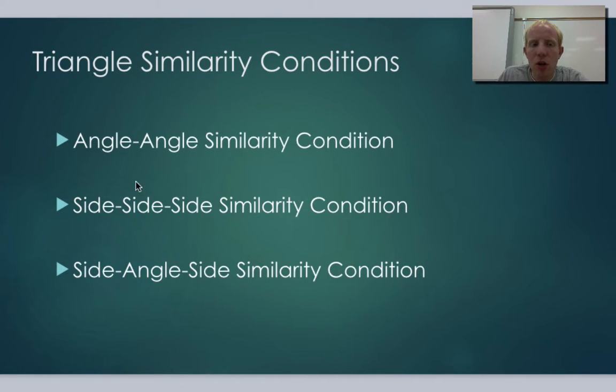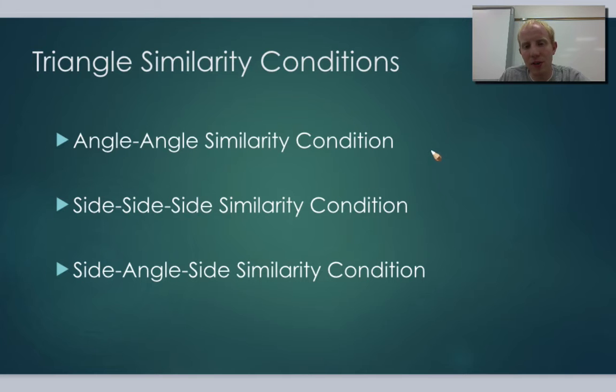We call these the triangle similarity conditions, but they're basically shortcuts, cheat codes, you could say. The first one is called angle-angle similarity condition, the second is side-side-side similarity condition, and the third is side-angle-side similarity condition. Let's look at each one.